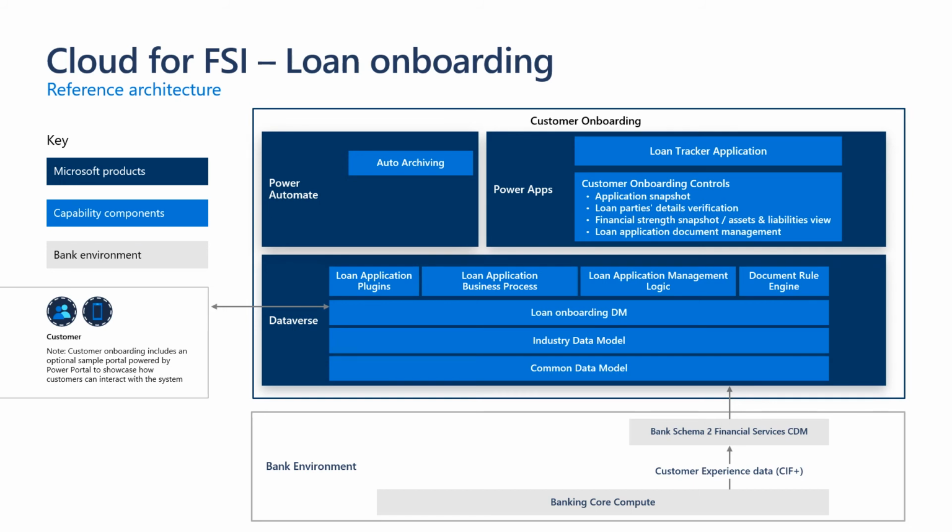The main capability components here are the loan tracker application and customer onboarding controls, which include application snapshot, loan parties details verification, financial strength snapshot, and loan application document management. Please note that customer onboarding includes an optional sample portal powered by Power Portal to showcase how customers can interact with the system.